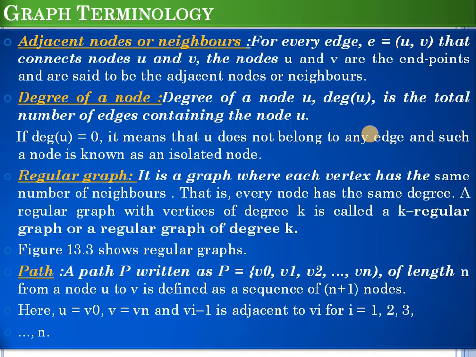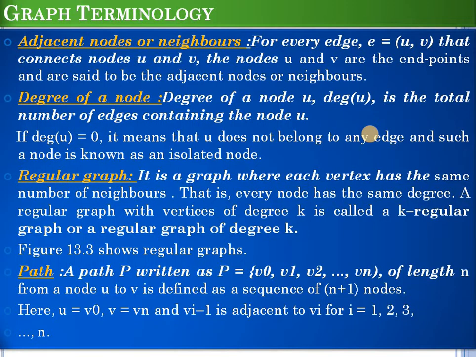In a directed graph, an edge coming towards that node is an in degree of that node, and the number of edges going out from that node is the out degree of that node. This is the in degree and out degree concept.